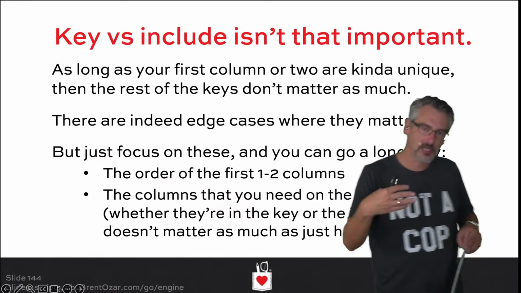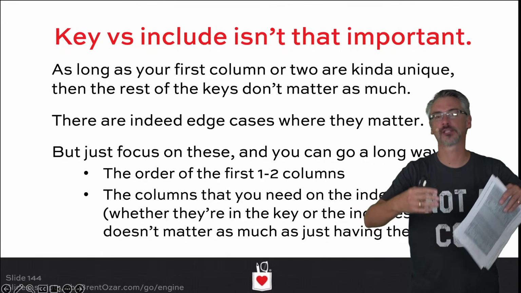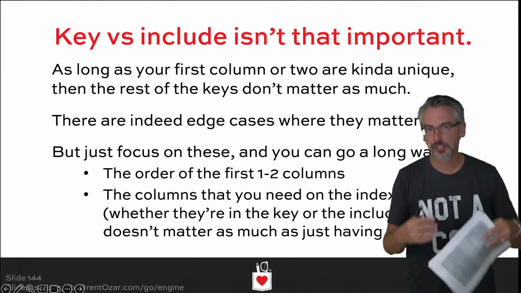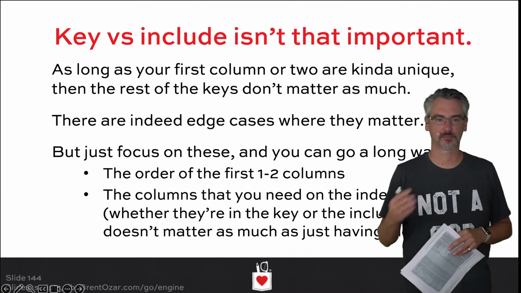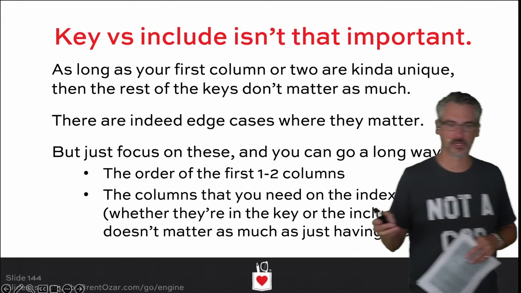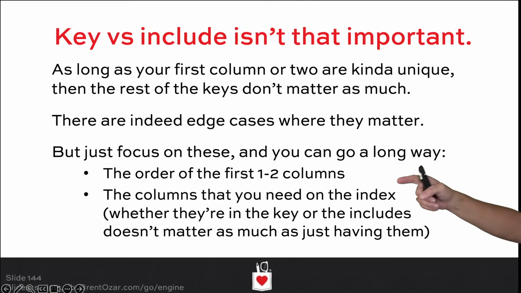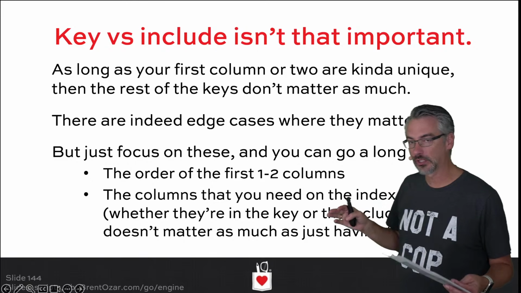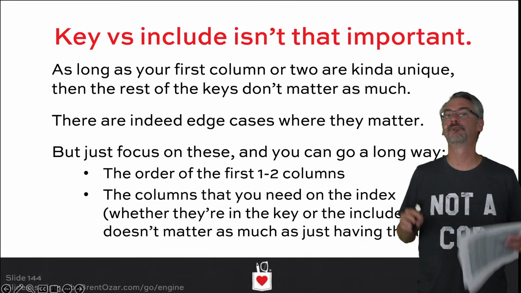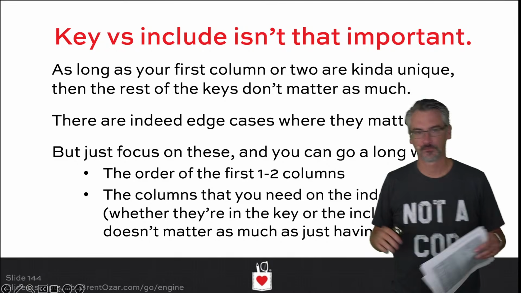The leading columns in your index need to be as selective as possible. They need to reduce your search space as quickly as possible, a concept that we go into in great detail in the fundamentals of index tuning classes. The order of the first couple of columns is really important, and you don't generally want to use things like bit columns as your first column. Active, yes, no.